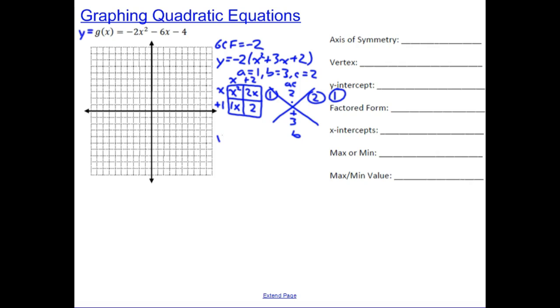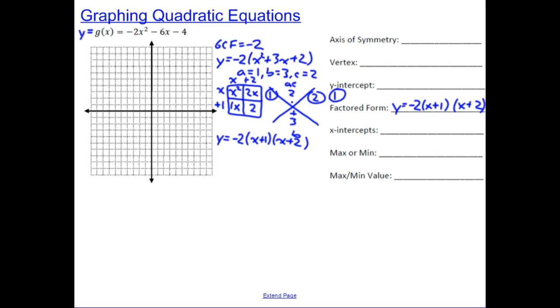Thus, my factored form now looks like y equals negative 2, my GCF, times my factorization, x plus 1 times x plus 2. I can write this in my answer area as y equals negative 2 times x plus 1 times x plus 2.